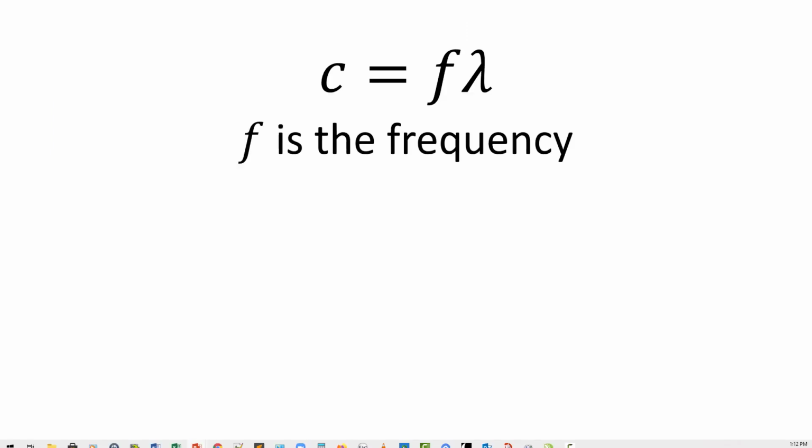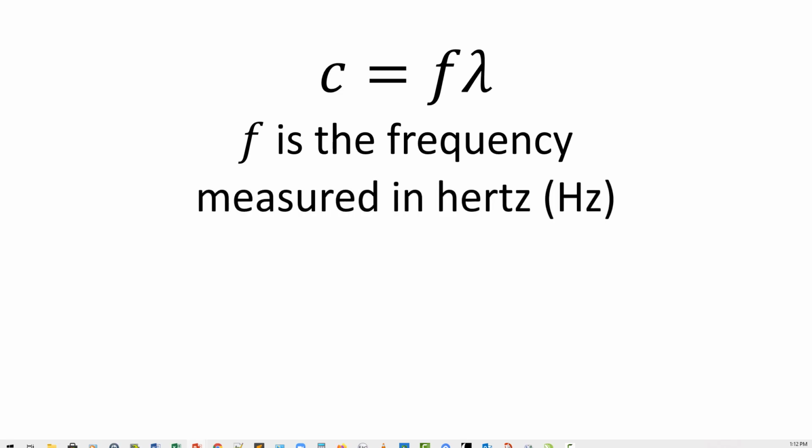Okay, here's our equation for the speed of light. f is the frequency, and we measure frequency in units called hertz. The frequency is the number of vibrations of the wave that happen every second, or the number of repetitions of the wave that happen every second.